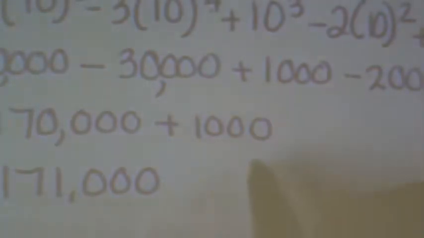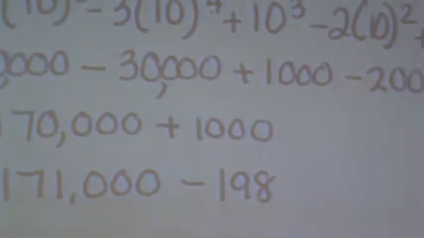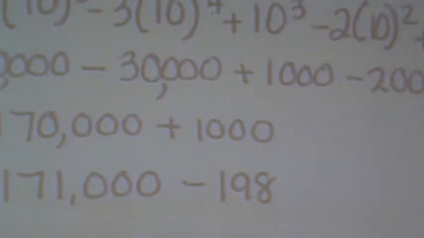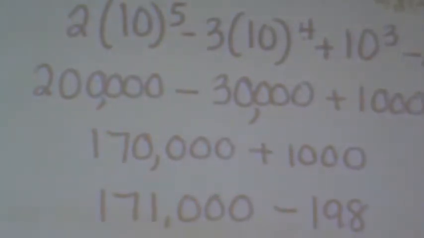And then minus 198. So what we have is 171,000 minus 198, which gives us 170,802.